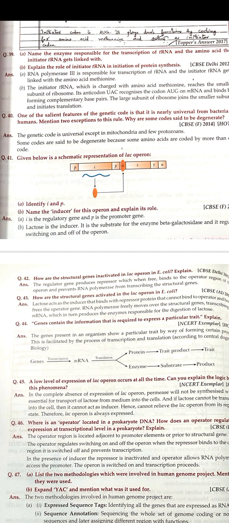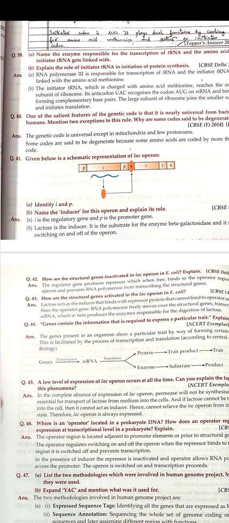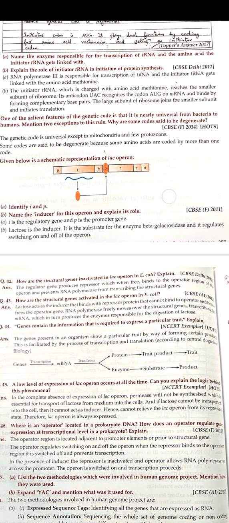And B, explain the role of initiator tRNA in initiation of protein synthesis. This question was asked in CBSE Delhi 2012. The answer is, RNA polymerase III is responsible for transcription of tRNA, and the initiator tRNA gets linked with the amino acid methionine.